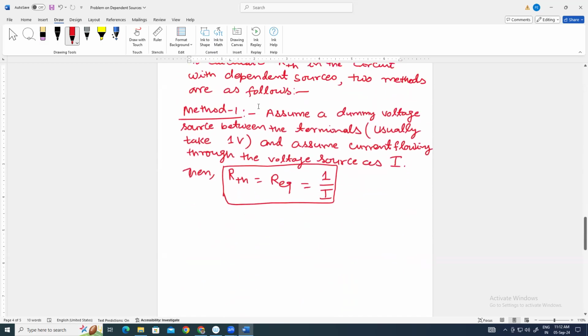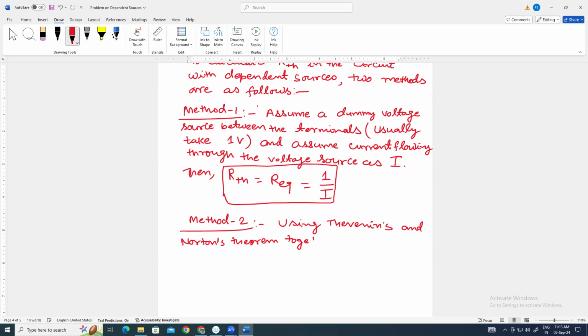Clear? The second method is that as per the property of Thevenin's and Norton's theorem, in the second method, using Thevenin's and Norton's theorem together, we will calculate VTH, and using Norton's theorem we will calculate ISC or IN, and the division of VTH and ISC or IN will give us RTH.